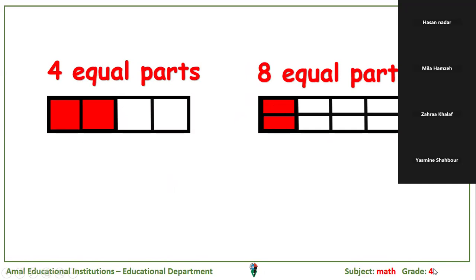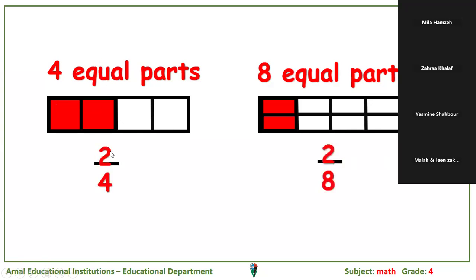In which example are the colored parts bigger? In the first example, in the 4 equal parts. Excellent.